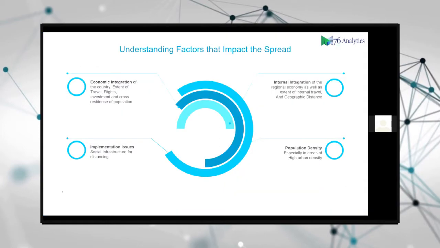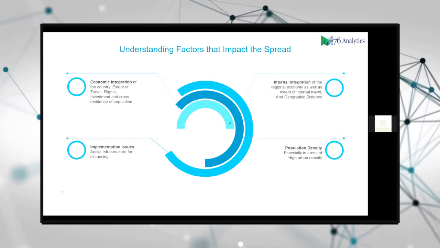So now the key is, how do you ascertain which are the factors that are impacting the spread? If I take factor A and collect some data for factor A, that makes one part of the story. If I collect some data on factor B, that makes another part of the story.